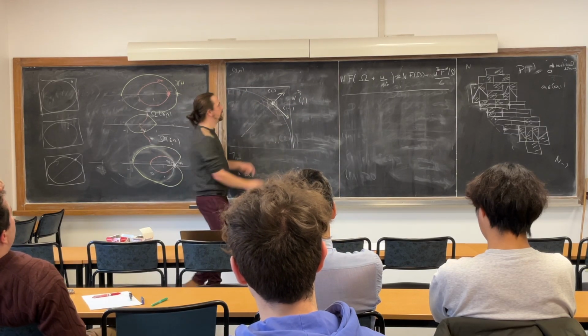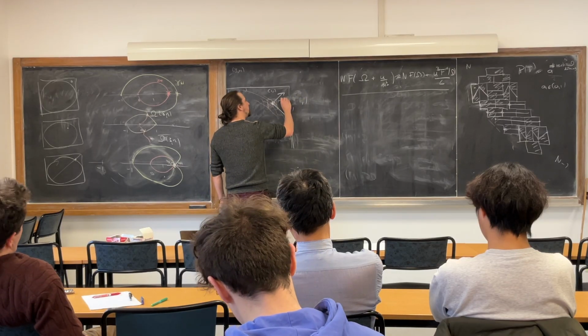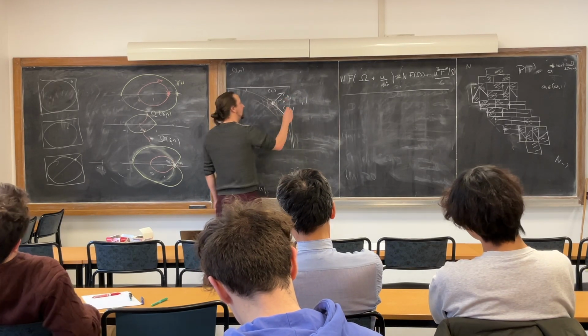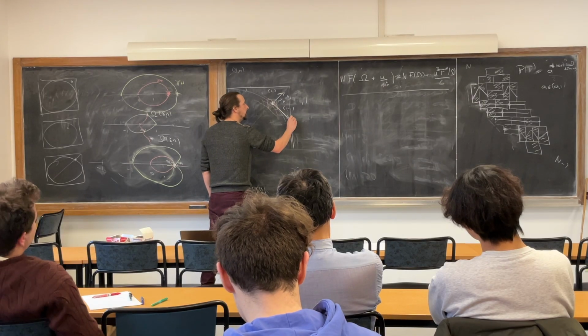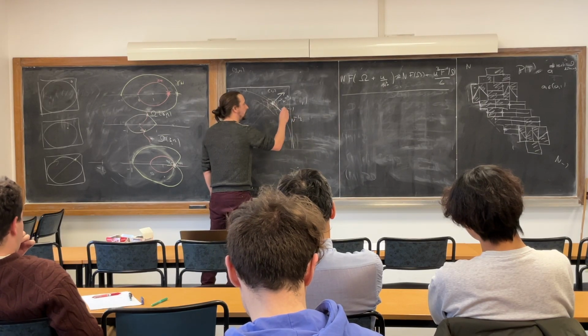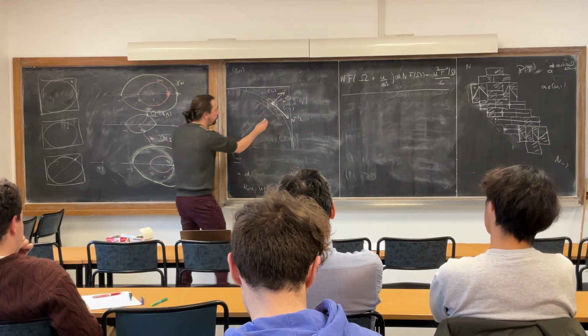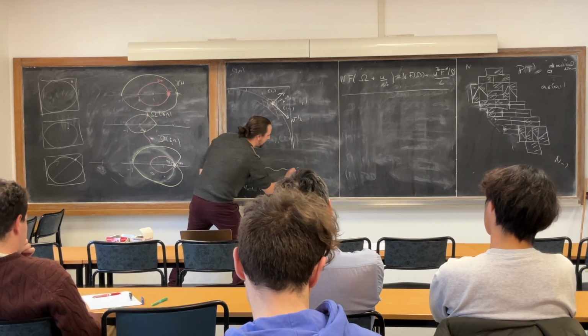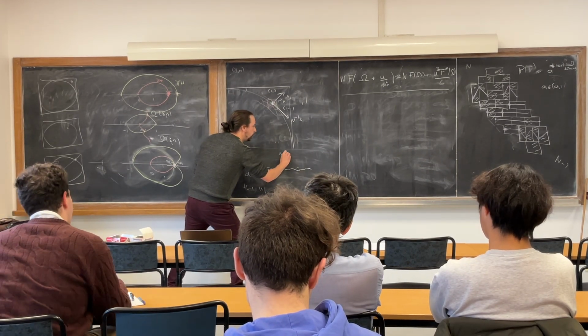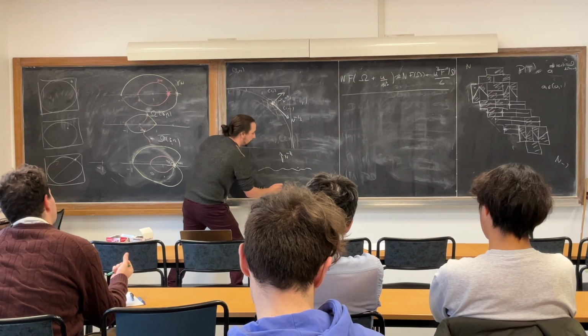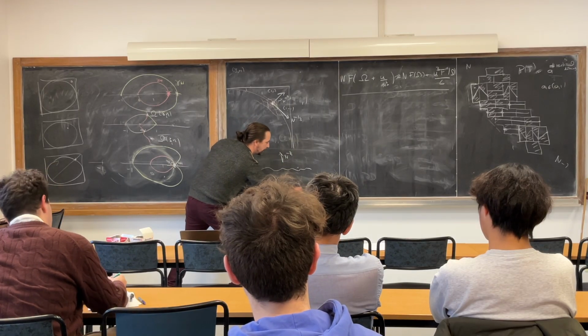So in this direction the fluctuations are of order n to the minus 2/3, but in this direction they are of order n to the minus 1/3. If I rotate and zoom in, I really get a path like this. The fluctuations in this direction are n to the minus 2/3, and in this direction n to the minus 1/3.